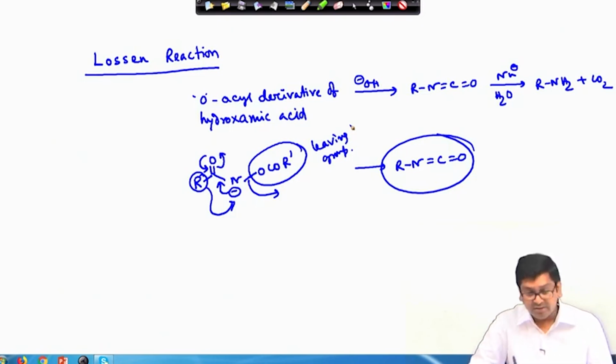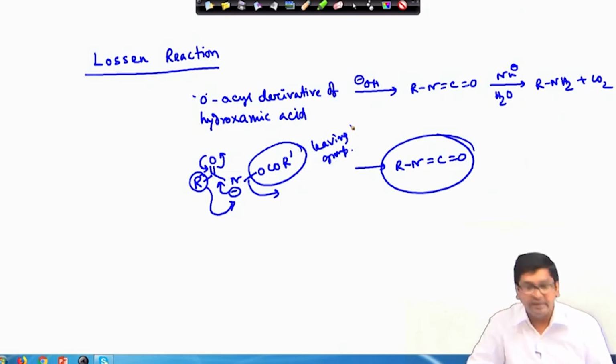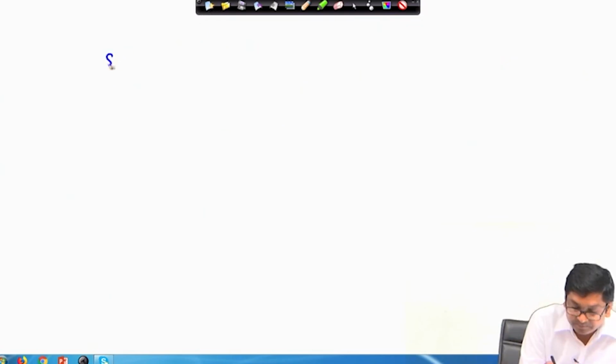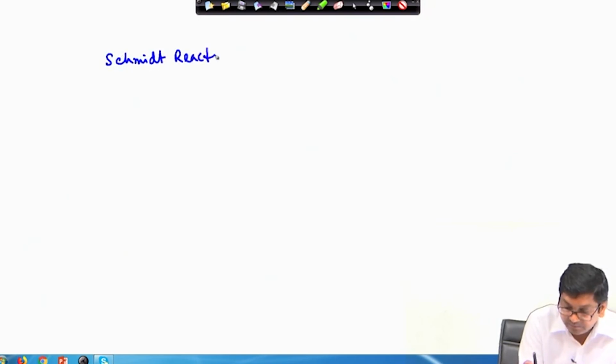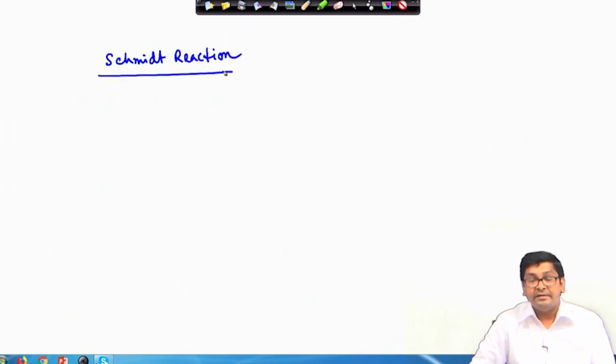Okay. Next we will learn another very important reaction, called the Schmidt reaction. This is more like the Curtius reaction, because in the case of the Schmidt rearrangement reaction also the leaving group is nitrogen.